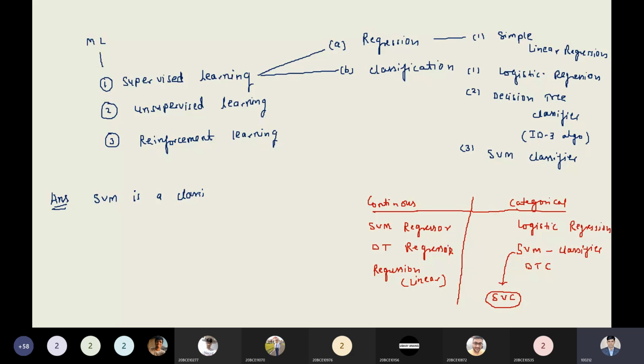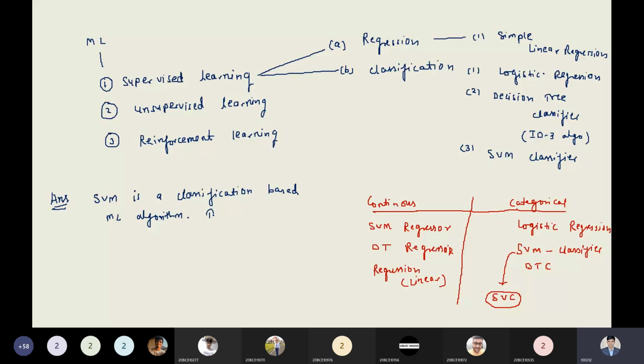So SVM is not only a classification problem, but most people use SVM for classification. SVM is a classification based machine learning algorithm.